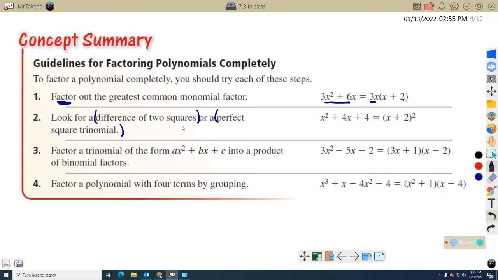In other words, you're looking for shortcuts. See if there's a shortcut. That's what we call these shortcuts, or special products. Look to see if you have one of these things, and if you do, go ahead and factor that. If it's a trinomial, you're going to factor that, either simple or complex, depending on what you're left with.